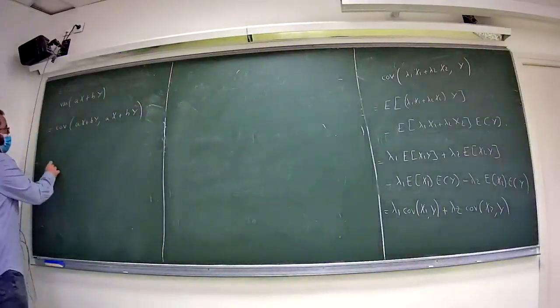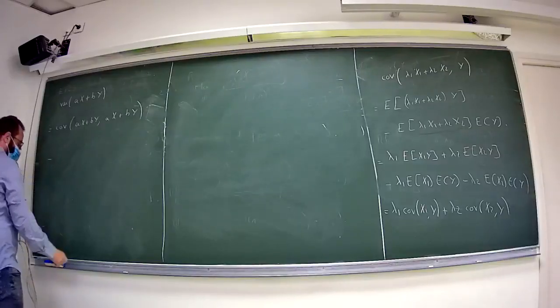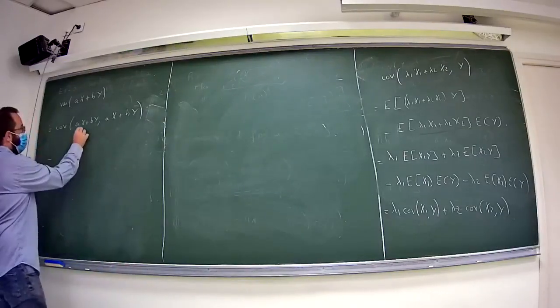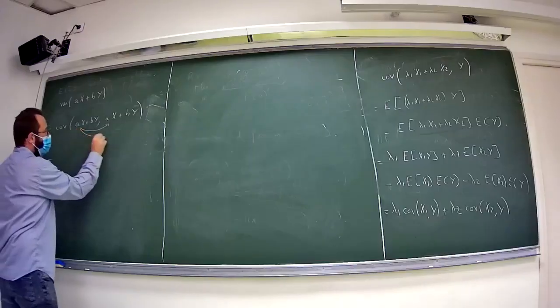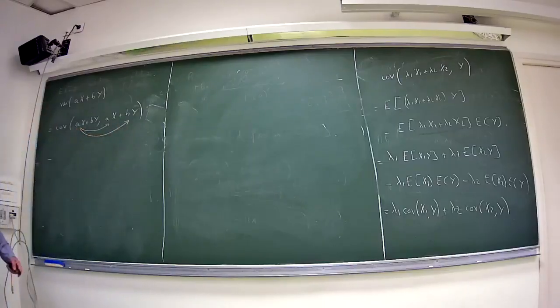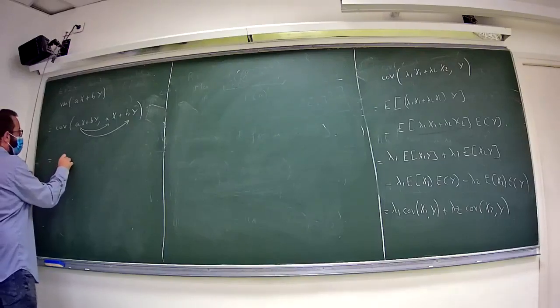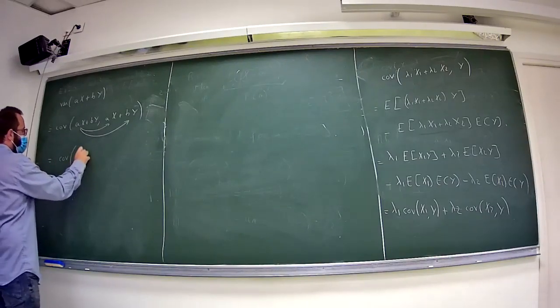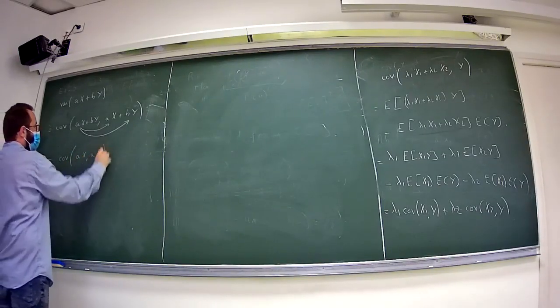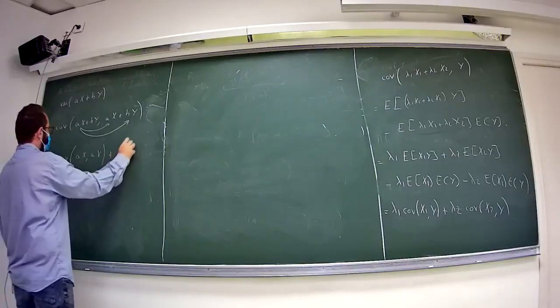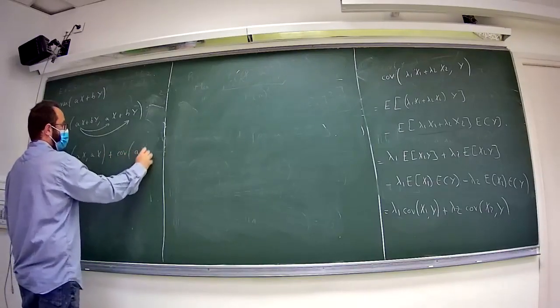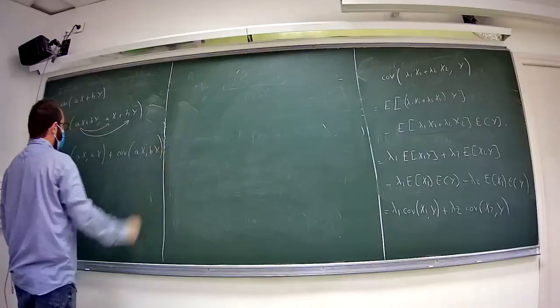So I obtain this one. First we are going to do this, using the linearity in each component. So it is equal to the covariance of ax with ax plus covariance of ax with by.